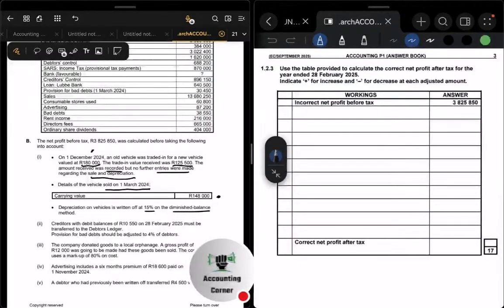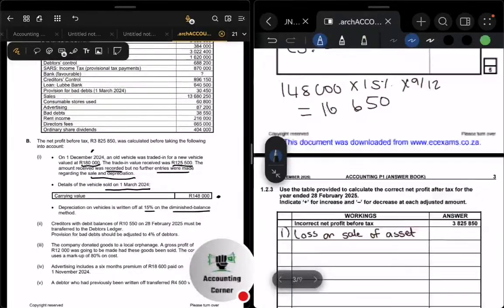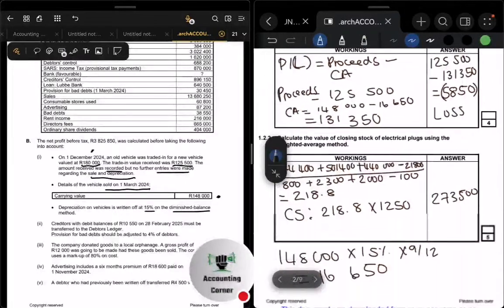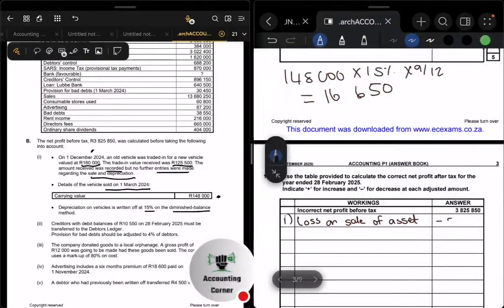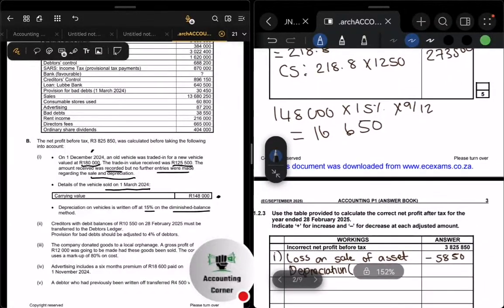We'd already calculated in the 1.21, I think, that there's a loss on the sale or disposal of asset, and it was 5,850. So that's minus 5,850. Then we need to also account for depreciation. So the depreciation of the vehicle that was sold, we calculated that as 16,650.